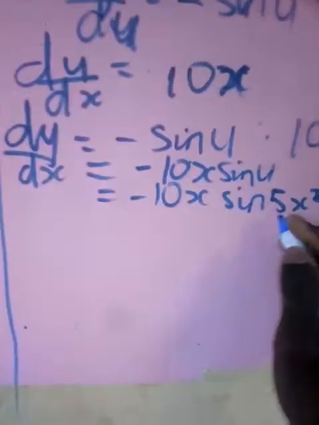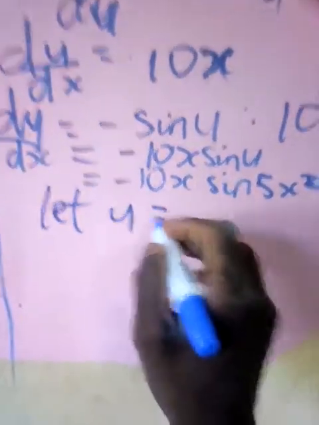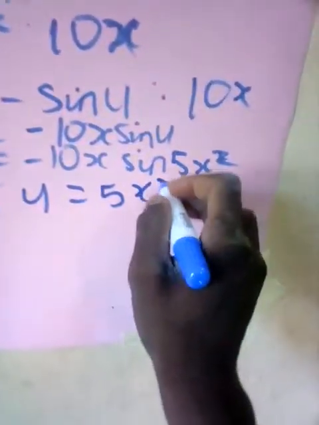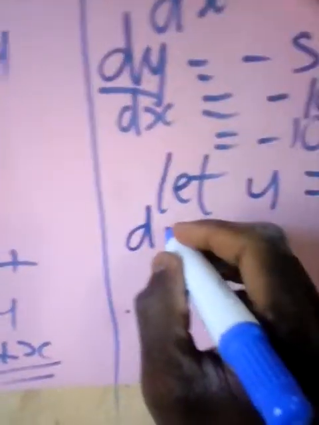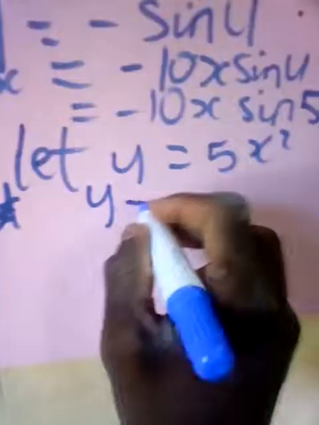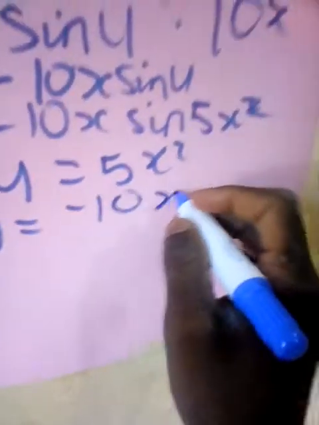Yes, I can still ask you to find the second derivative of this. This is just the first derivative. If you have to find the second derivative, let u equal 5x squared, so that y is equal to minus 10x sine u.